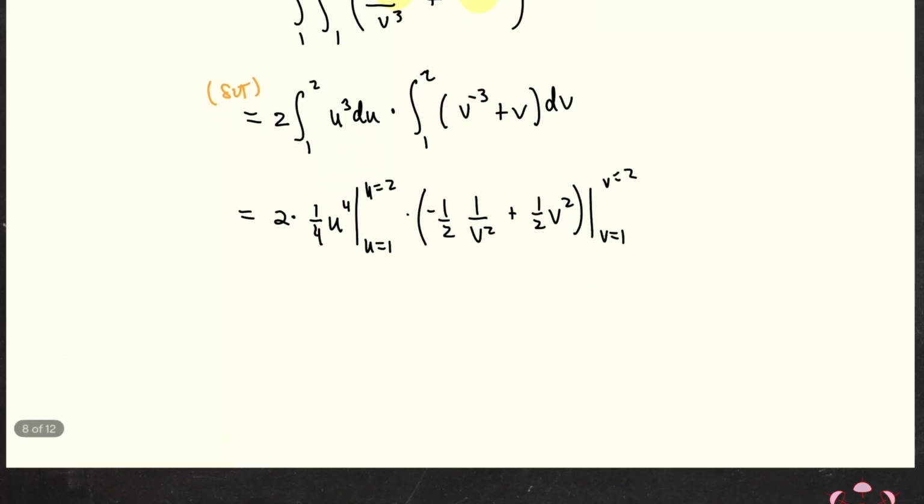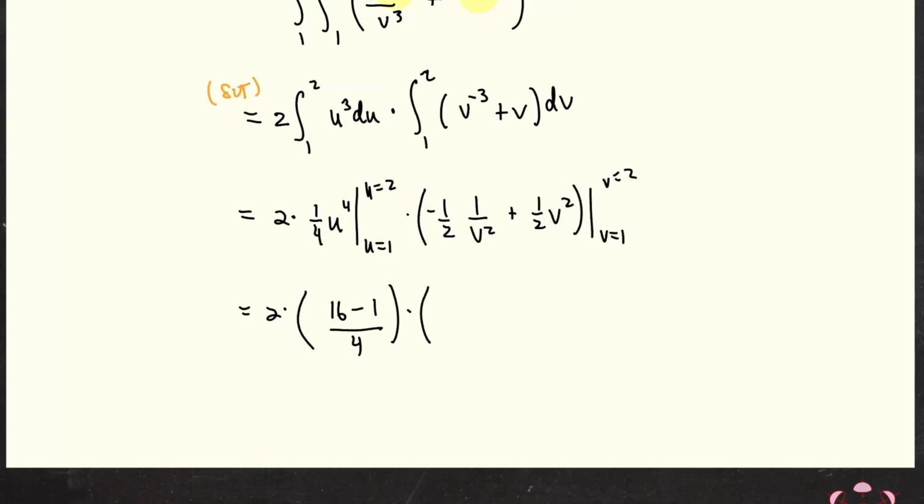All right, let's continue. So 2 times, plug in u equals 2. So I've got, what is that? 2 times 2 is 4, and then 4 times 4, we've got 16, divided by 4, and then we've got minus 1 divided by 4, so let's write it this way.